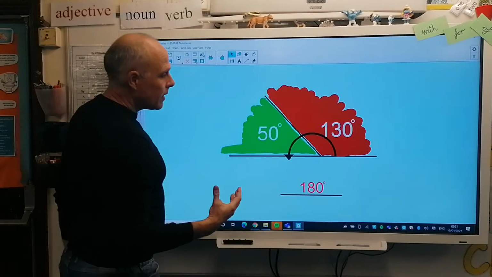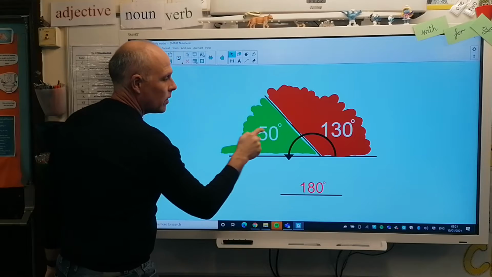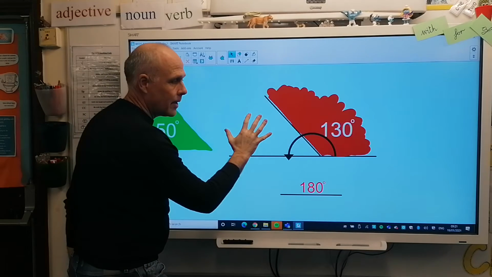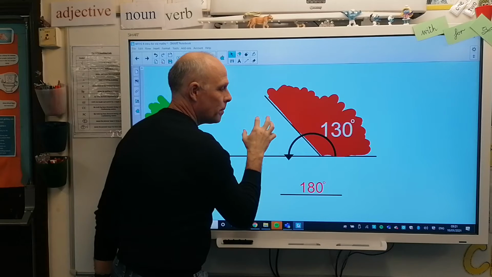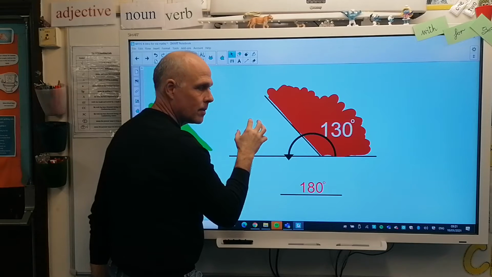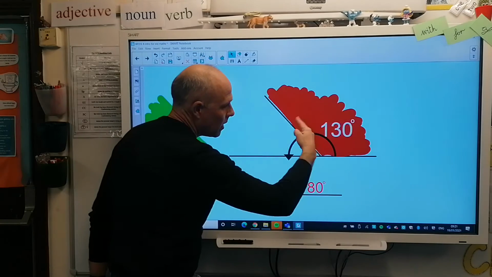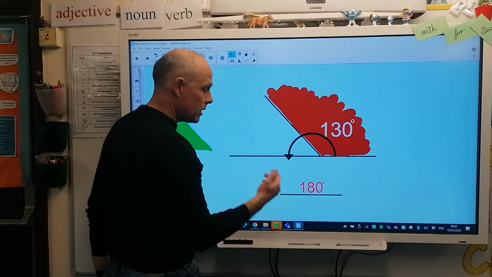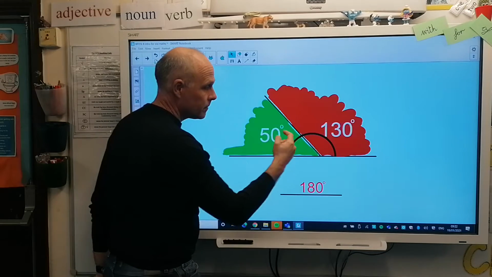To try and simplify it a little bit, if we don't know what that angle is, if we took that one away, we would be left with that angle. So if we took 130 degrees away from our half turn, our 180 degrees, we should find that we are left with 50 degrees.